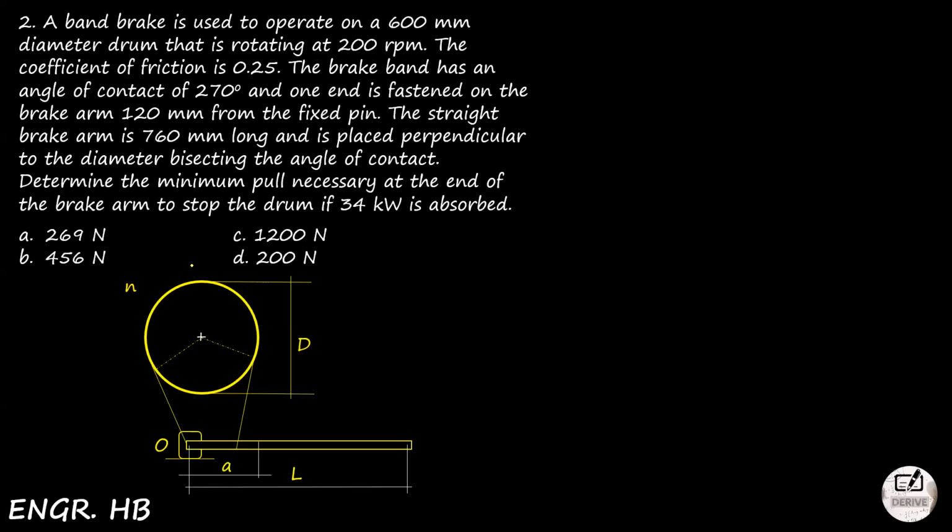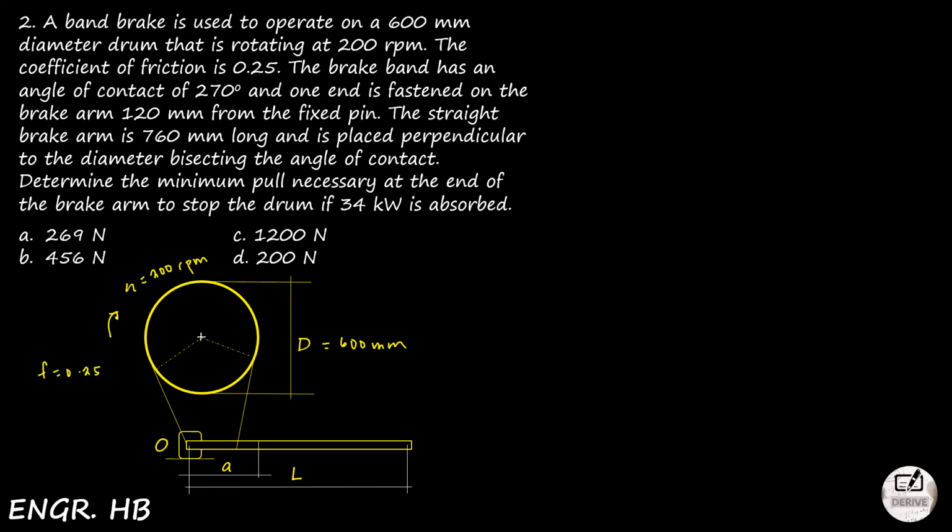So it says it is to operate on a 600 mm diameter drum. So this is your drum diameter, rotating at 200 RPM. Nothing was said, so assume clockwise rotation. So this is your RPM. The coefficient of friction is 0.25.